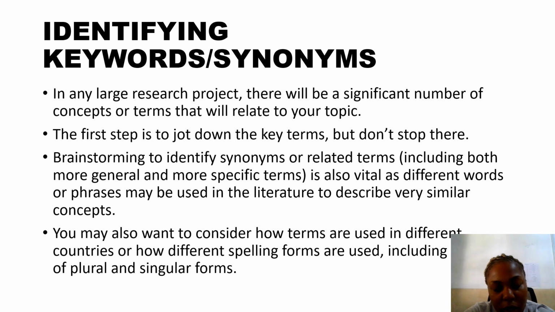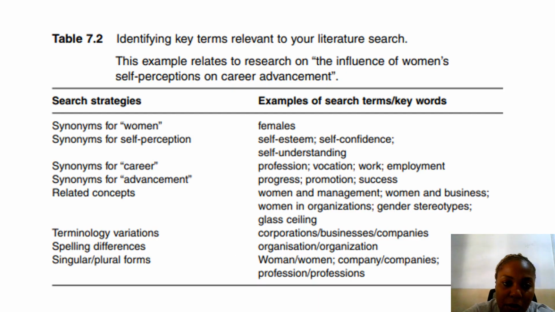Brainstorm, you can even use your brain to brainstorm to identify words, synonyms or related terms to your research idea. You may also want to consider how terms are used in different countries or in different spellings, including plural and singular forms. This table now shows how you can identify key terms relevant to your literature search.